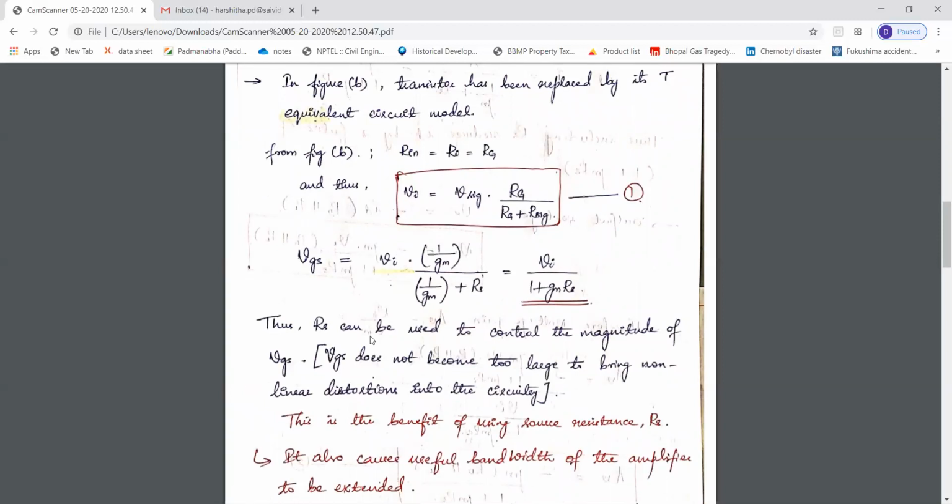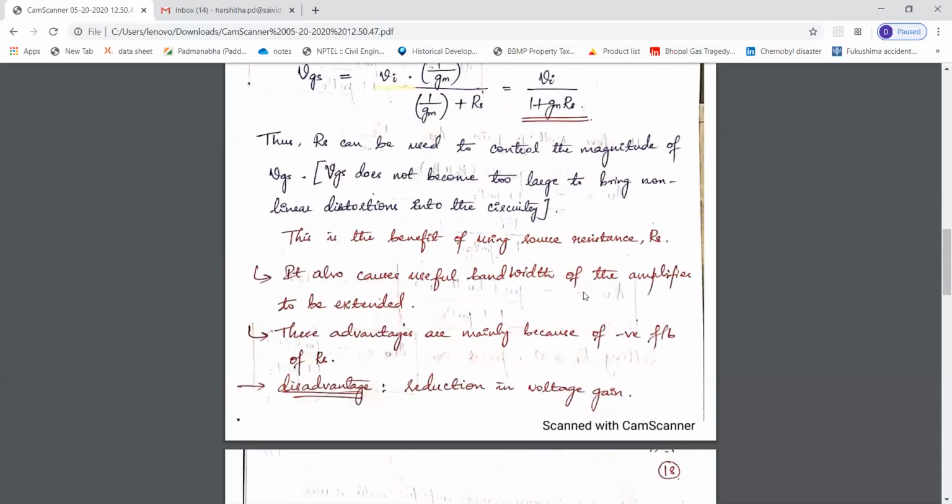This is the first benefit of using the source resistance. One more benefit is that using RS helps us extend the useful bandwidth of the amplifier. It also acts as negative feedback. This is the third advantage.